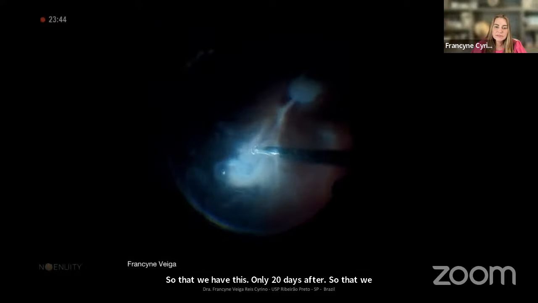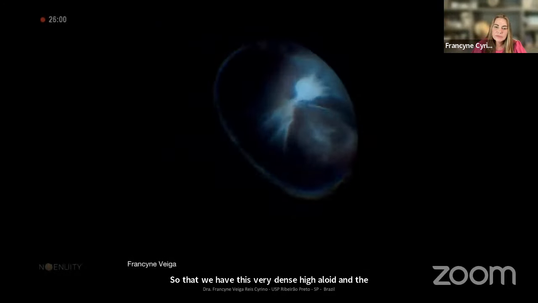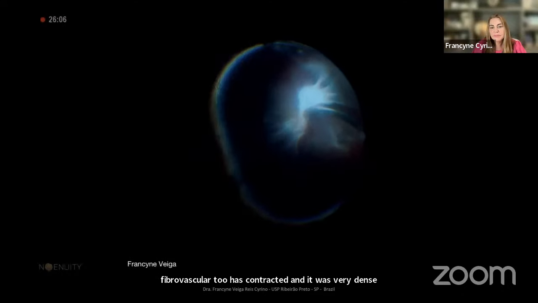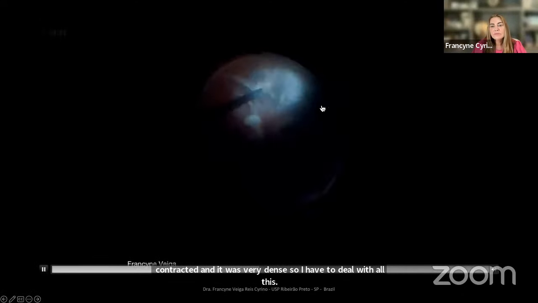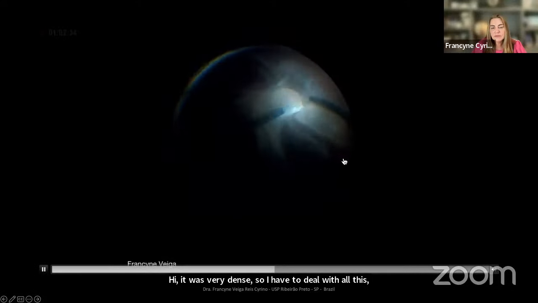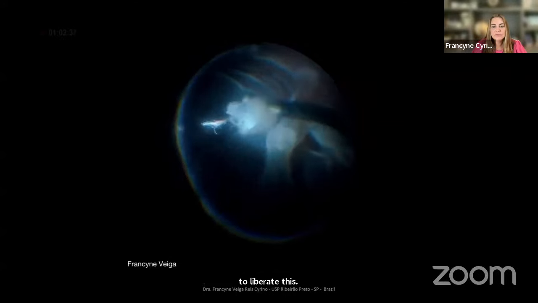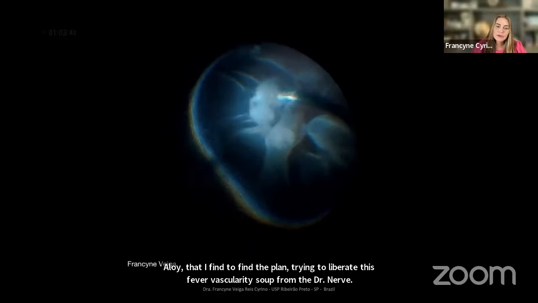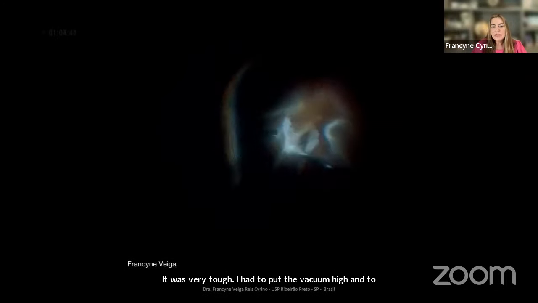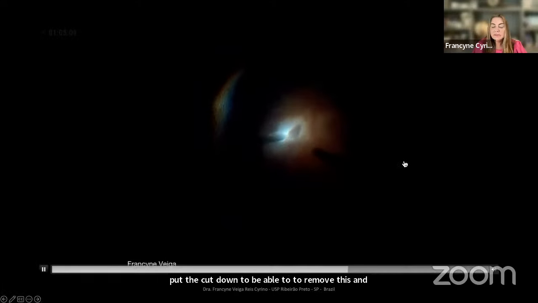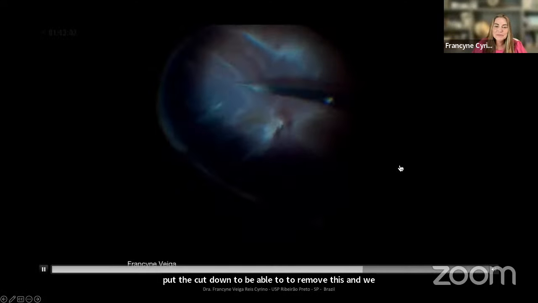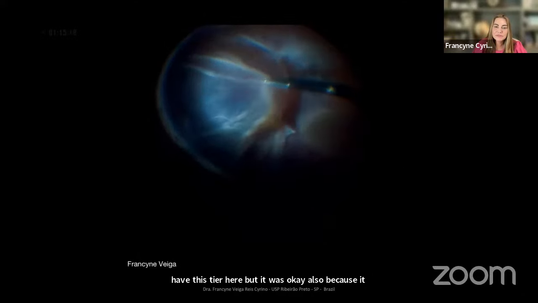It was very dense, so I had to deal with all this hyaloid, trying to find a plane, trying to liberate this fibrovascular tissue from the optic nerve. It was very tough. I had to put the vacuum high and the cut rate down to be able to remove this. And we have this posterior tear, but it was okay also because it helped me to aspirate the blood that was under the retina.